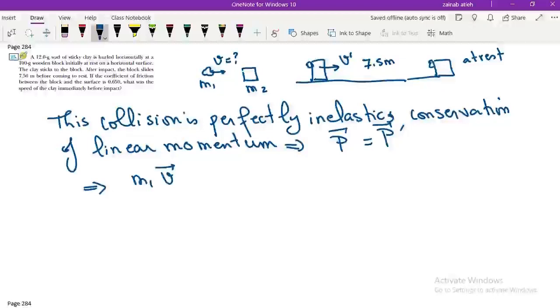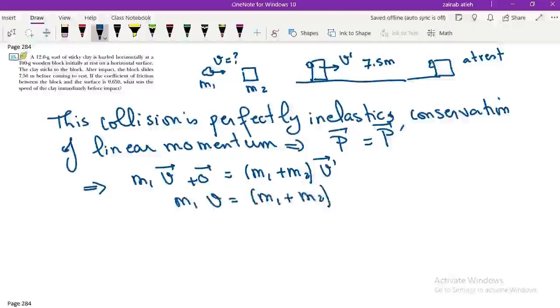The block was at rest, so plus 0. It's equal to, after they stick together, M1 plus M2 times their speed after collision, which I will call V prime. So this is V prime. Everything is collinear, so I can remove the vectors and write M1 V equals M1 plus M2 V prime.